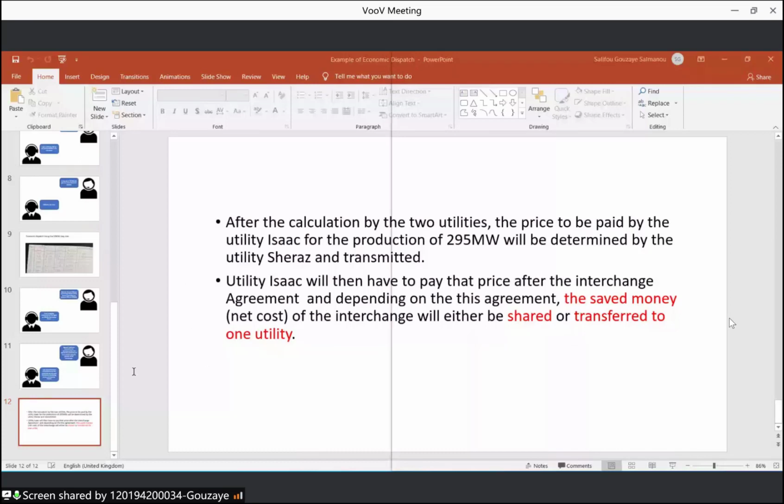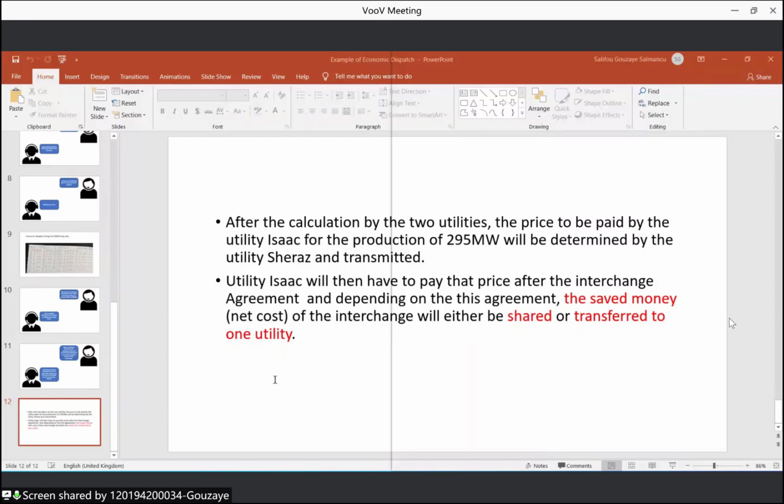So the utility Ahmed will be paying a total of $1,767.5 under the first case.